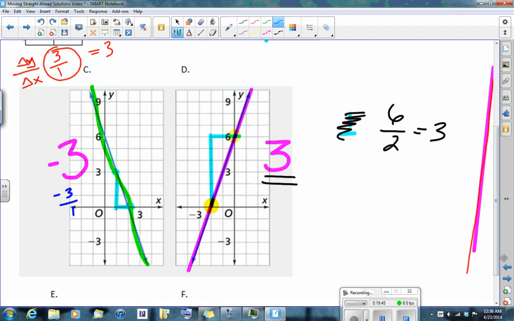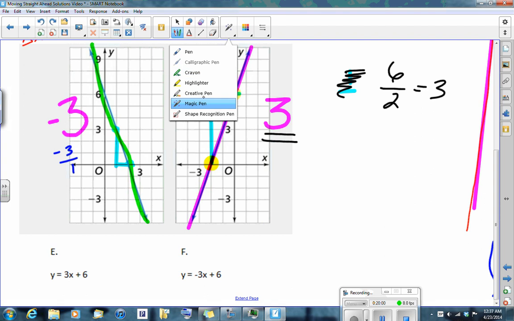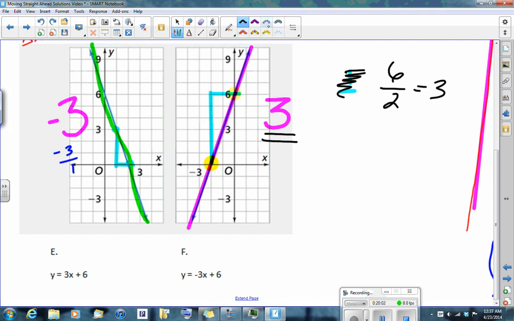If we scroll further down, we've got the equations. Let's use the creative pen and stars. Right here, star.